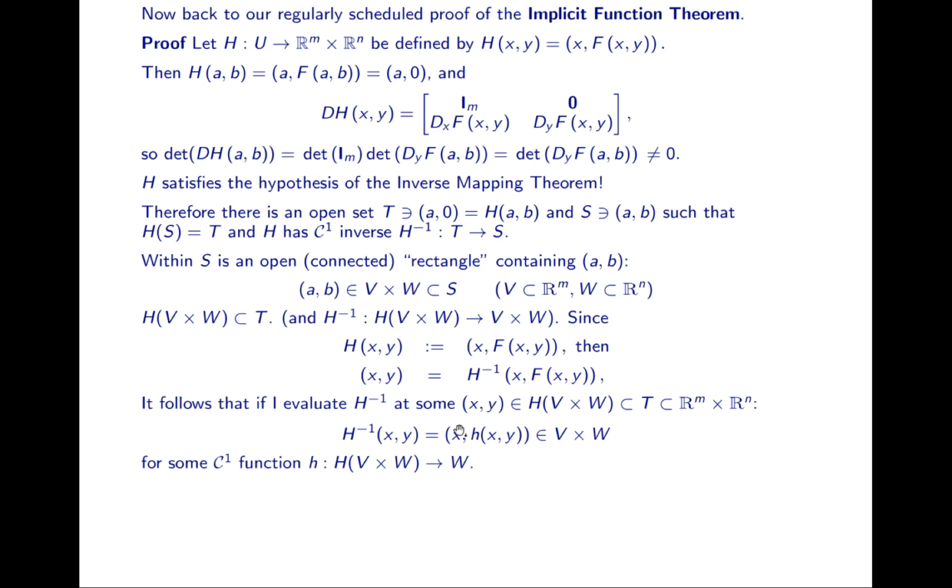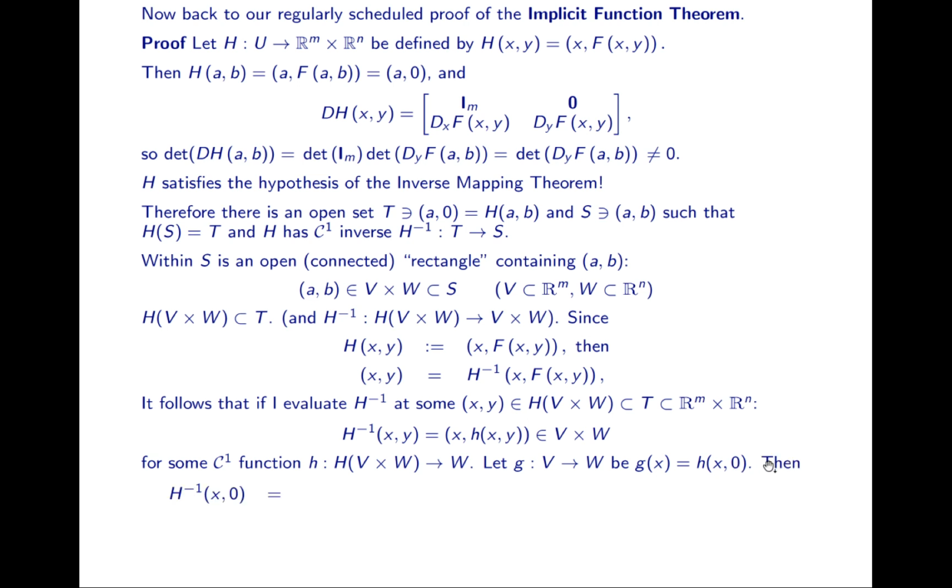Well, (x, y) is in H of V by W, and specifically the second component gets mapped to W. It gets mapped to W because this is the ordered pair that's in V by W: x is in V, and h of (x, y) is in W. Now, suppose g maps V to W. g is our implicitly defined function that we are looking for. Suppose g of x equals h of (x, 0).